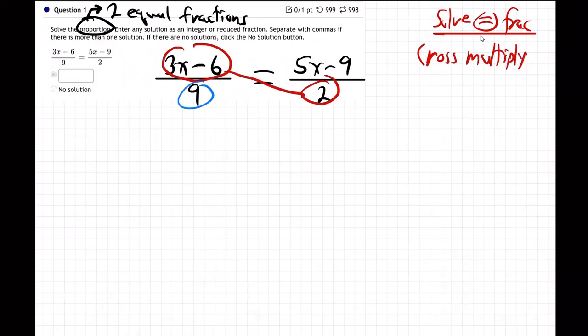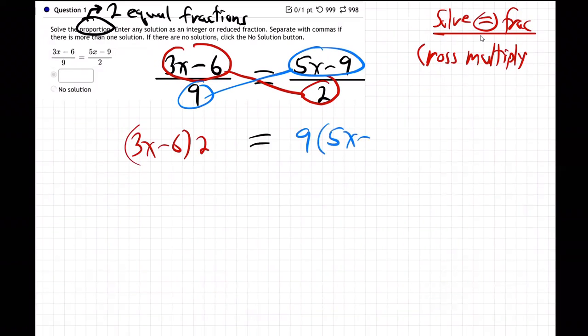And I'm going to take this right here and multiply with that. I'm going to cross multiply. So I'll have 3x minus 6 times 2 equal to 9 times 5x minus 9. That's called cross multiplying. It's like cross canceling, except it's not canceling, it's multiplying. You cross multiply.